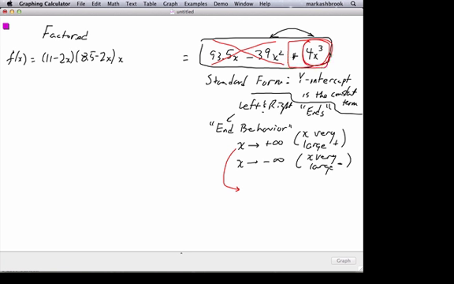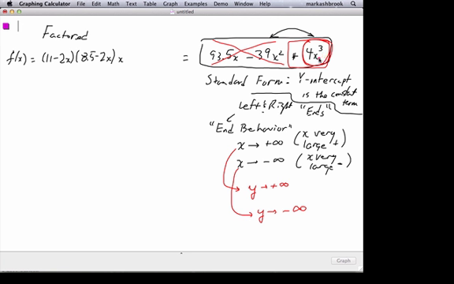So what will happen as x goes to positive infinity to 4x cubed? Will that be a large positive number or a large negative number? Large positive. And what will happen to 4x cubed when x becomes a very, very large negative number? Will y be a large negative or a large positive? It'll be a large negative because it's cubed.